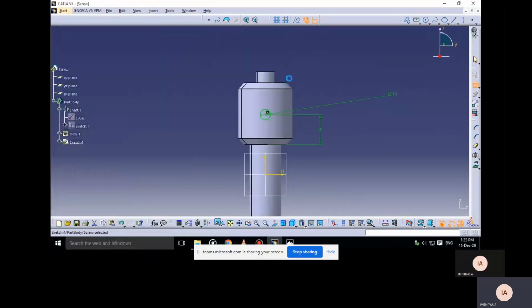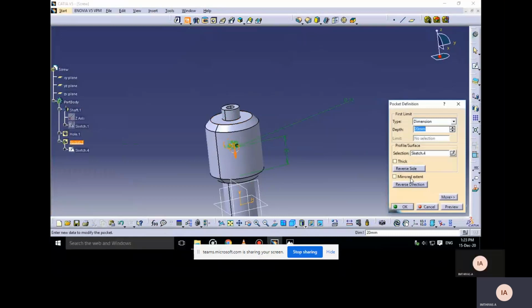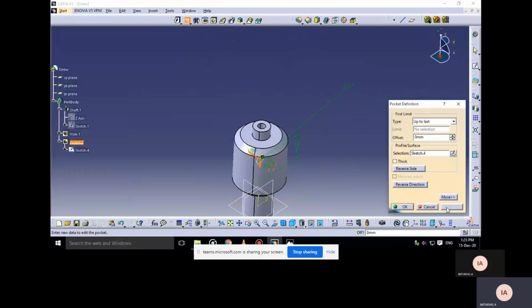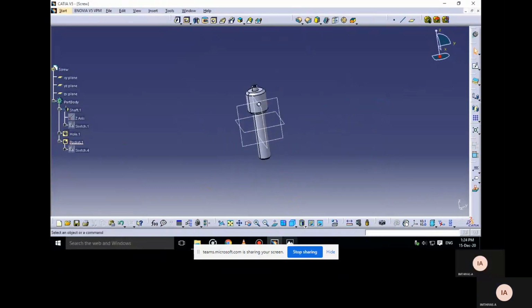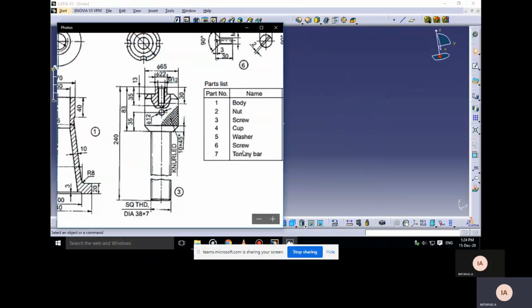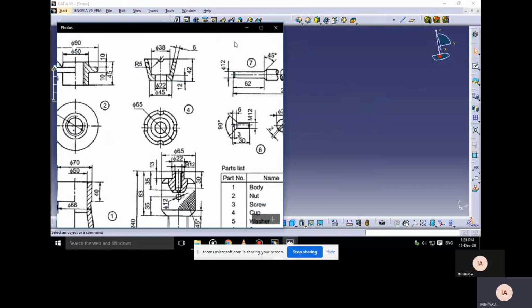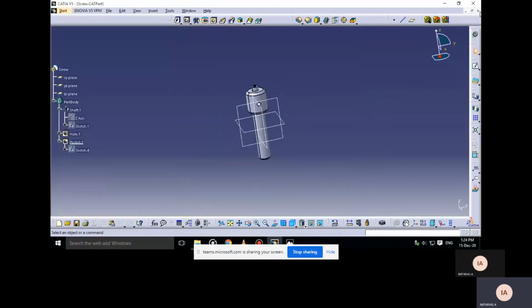It is 35 mm from the bottom, and using the pocket definition, we are making a hole up to the other side. So the third part is made.